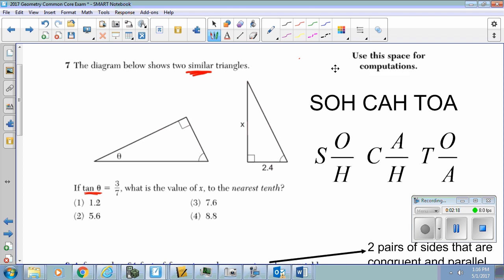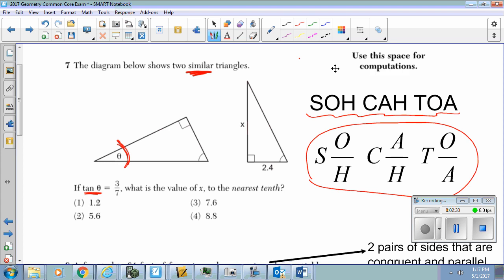All right, so tangent of theta. So that's theta here, this angle. I want you to write this down, SOHCAHTOA, and I want you to write it like this also. The reason why I write it like this with the letters on top of one another is so we realize that when you do the sine, it's going to be the sine of the angle is equal to the opposite over hypotenuse, right?